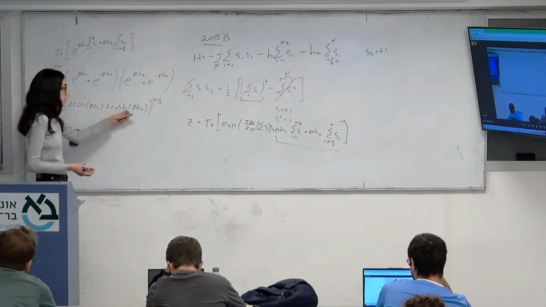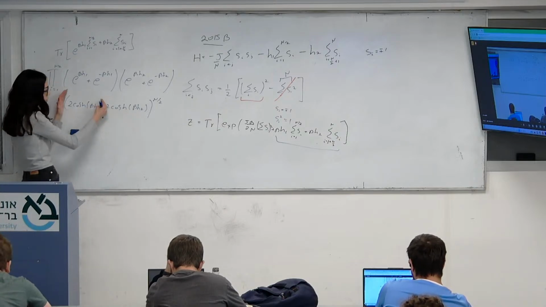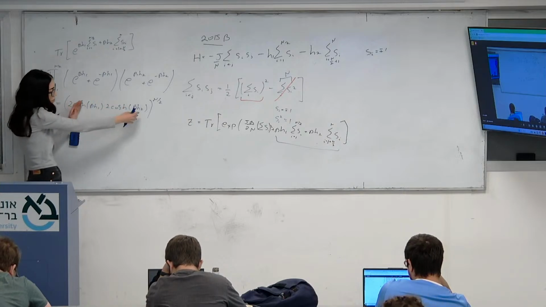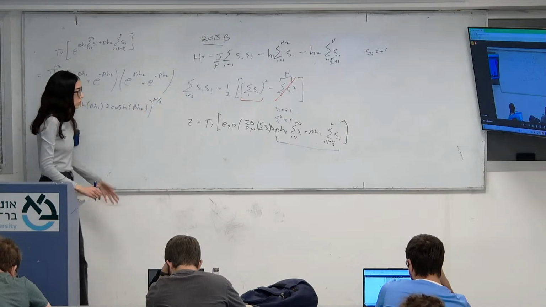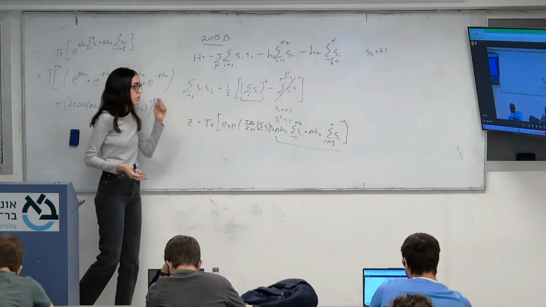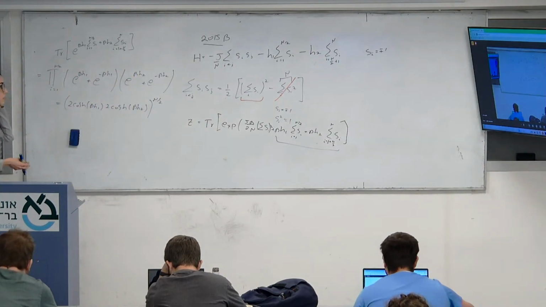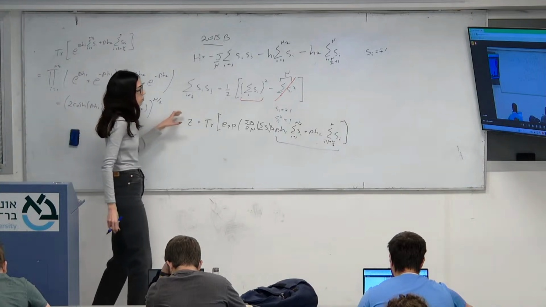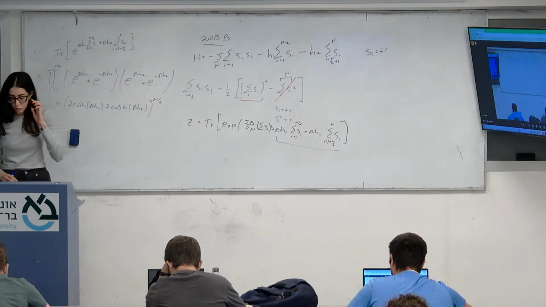If I had the same field, you see that I would have only one of those terms to the power of n, but because I have the separation, I have this to the power of n over 2. So I hope that part is clear. And then everything else later is exactly like we did before. I hope this was not too fast or too slow.